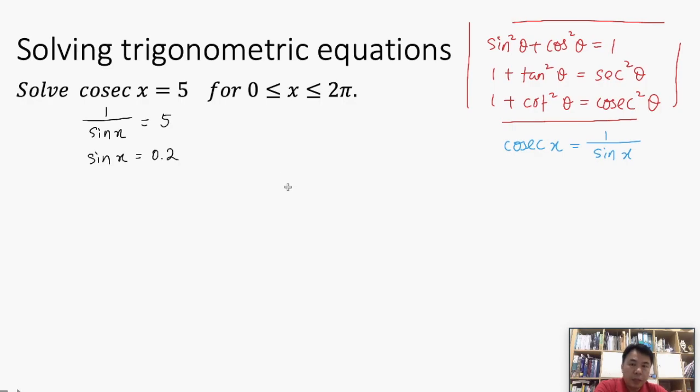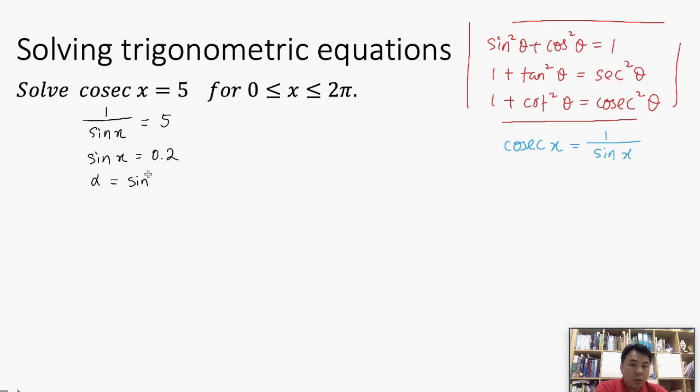From here onwards, we are going to recap the steps on how to solve this trigonometric equation. First of all, you would figure out the reference angle. How do we find the reference angle?